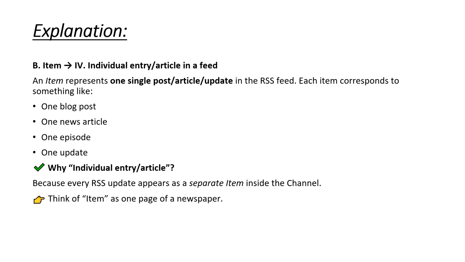Option B, item, represents one single post or article or update in the RSS feed. Each item corresponds to something like one blog post, one news article, one episode, or one update. That's why individual entry or article is related to item, because every RSS update appears as a separate item inside the channel.